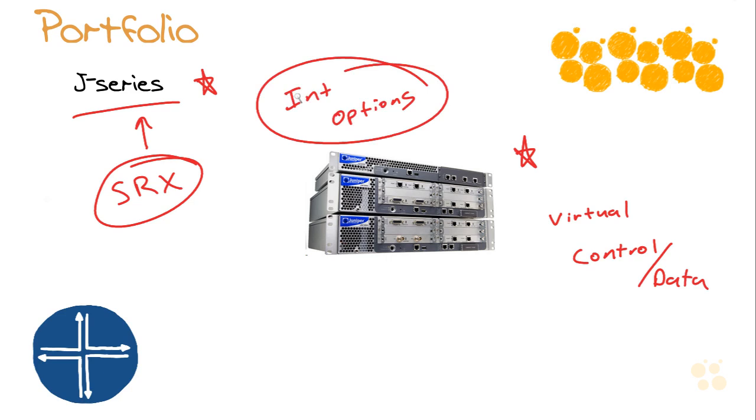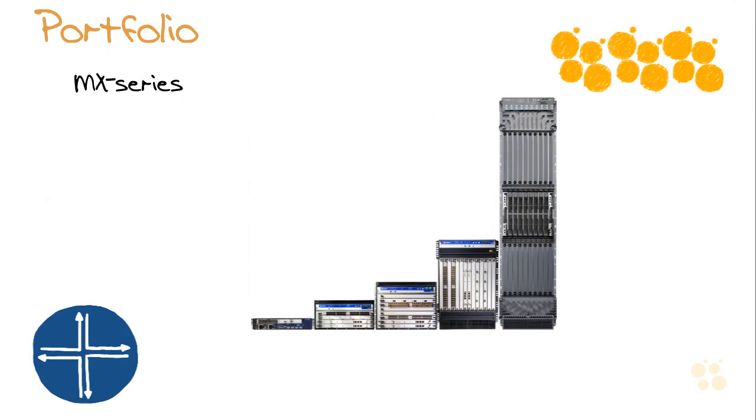So one of the reasons we will often see J series in the smaller enterprise instead of just SRX devices is that robust selection of potential interface connections. And that brings us to our final category of routers for Juniper, and that's the MX series.